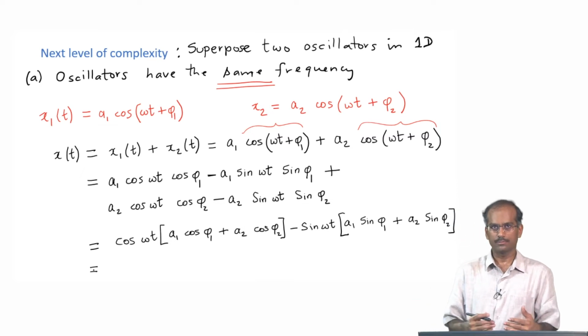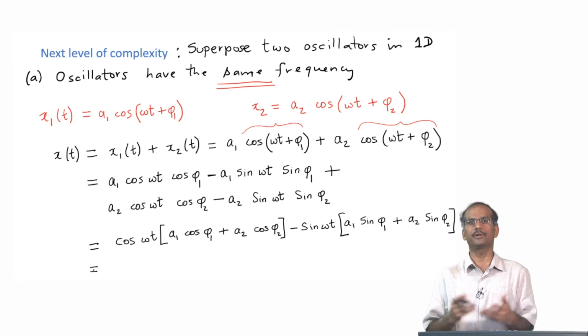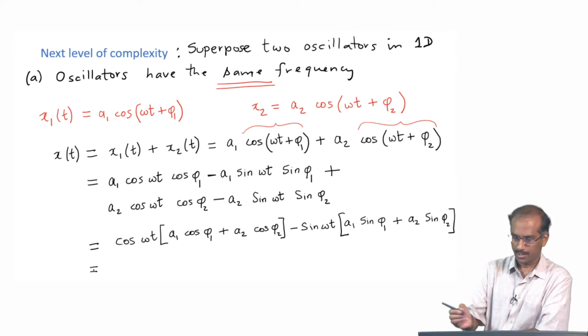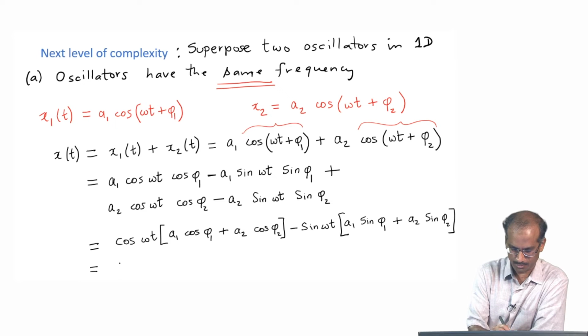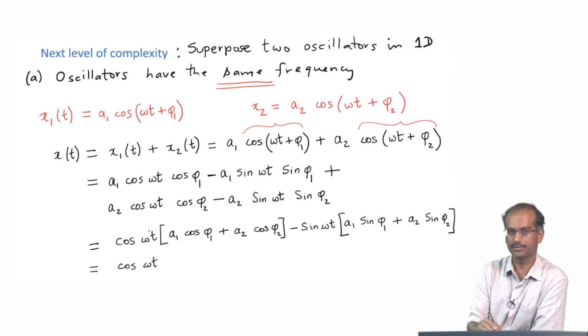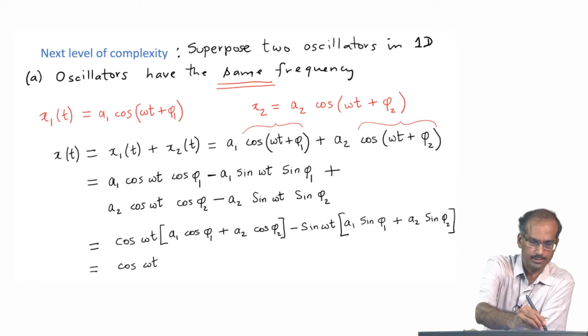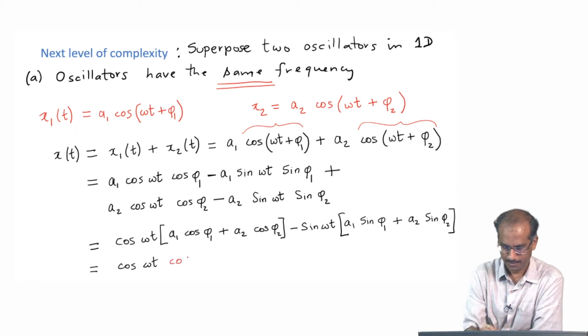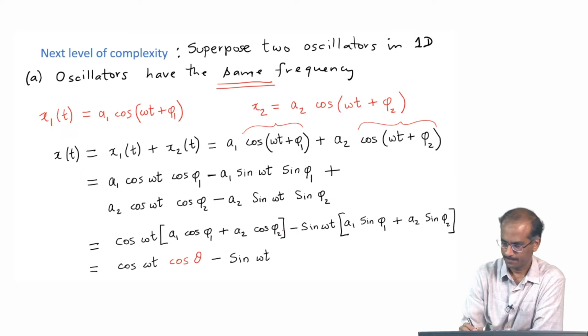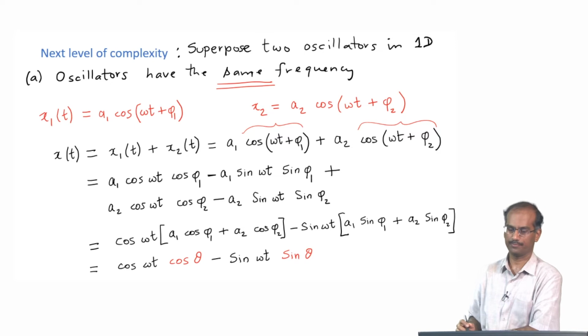So, somehow the final result that I get should represent an oscillatory solution, and that I can do by rewriting this quantity within the brackets as cos theta and this quantity here I will write as sin theta.